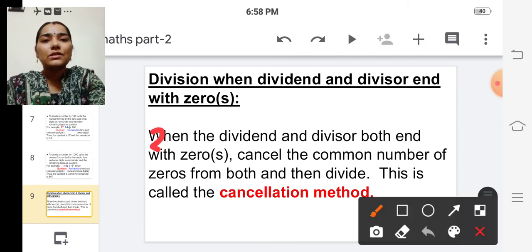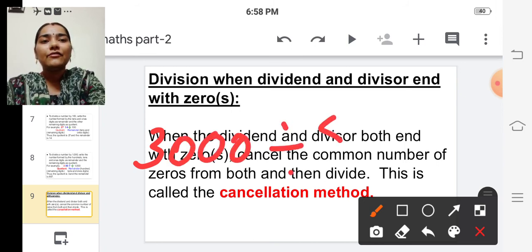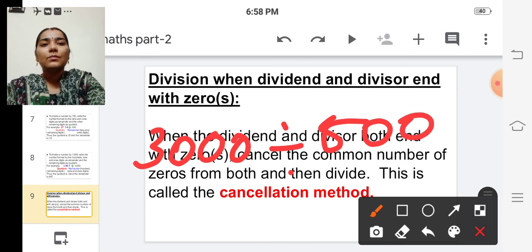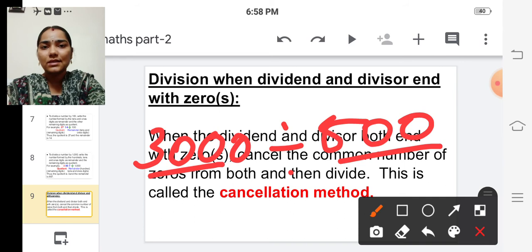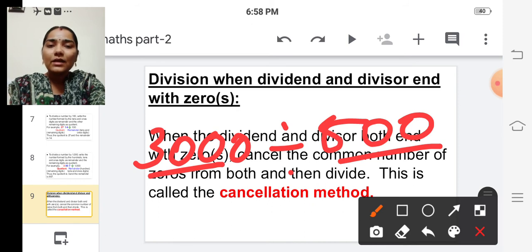suppose 3000 divided by 500. Both dividend and divisor end with zeros, isn't it? If the numbers are like that, what do we have to do? We have to cancel the common number of zeros from both.